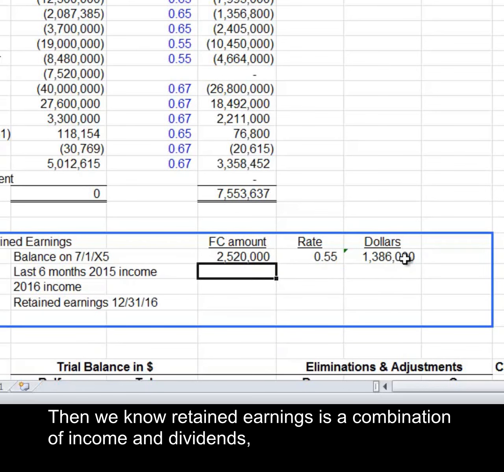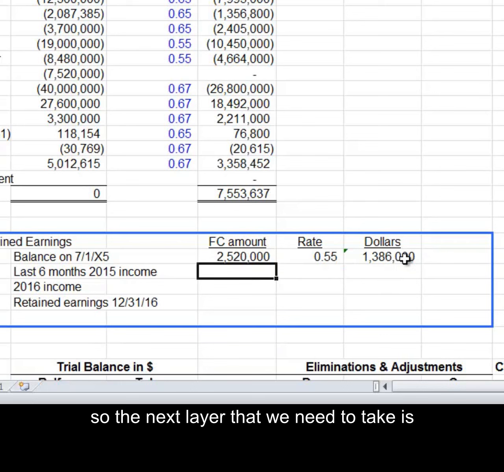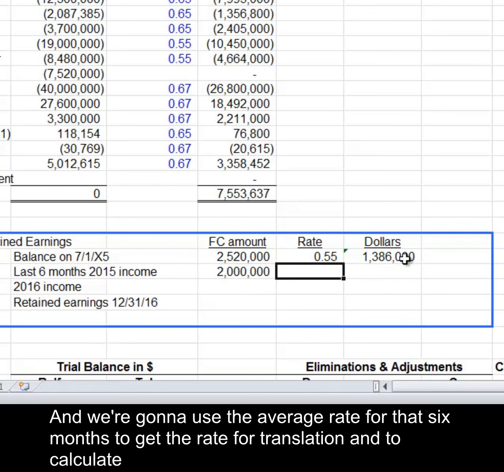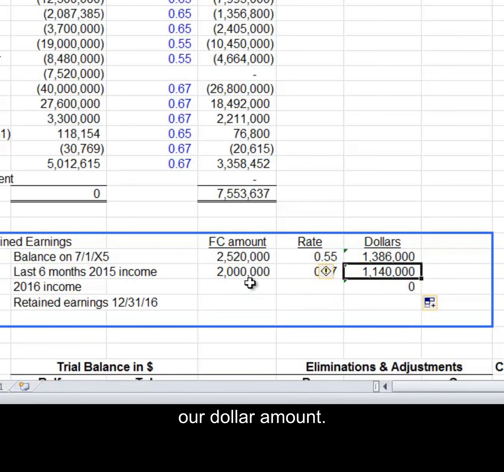Then we know retained earnings is a combination of income and dividends. So the next layer that we need to take is the 6 months of income that was earned after the acquisition in 2015. That amounted to $2 million in foreign currency, and we're going to use the average rate for that 6 months to get the rate for translation and to calculate our dollar amount.